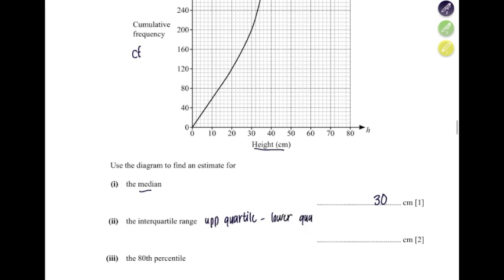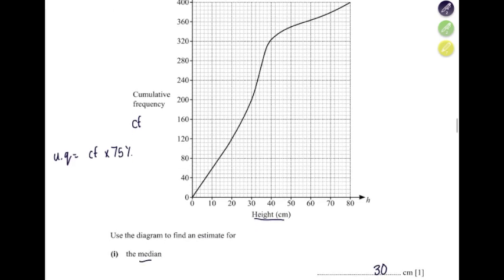To find the upper quartile, we're supposed to multiply. The upper quartile is CF times 75%. What is CF? 400 times 75%.